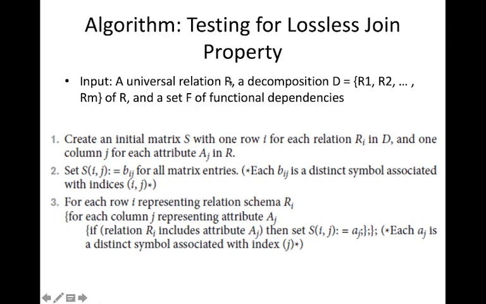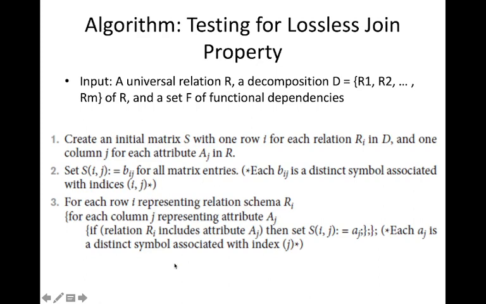You have a universal relation R, decomposed into D with R1, R2 and so on. This is the input given, and you will also be given F, the set of functional dependencies. This is the algorithm.